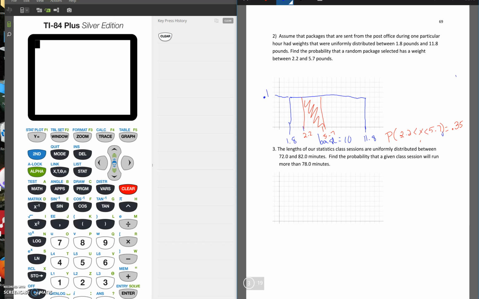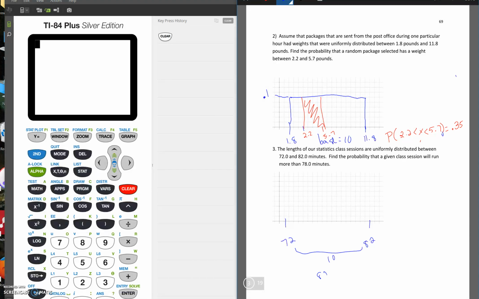Okay, the next one says, the length of our statistics class sessions are uniformly distributed between 72 and 82 minutes. Find the probability that a given class session will run more than 78 minutes. If it's going between 72 and 82 minutes, that's a width of 10.